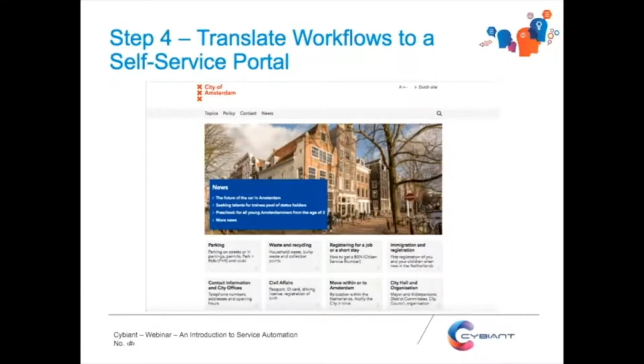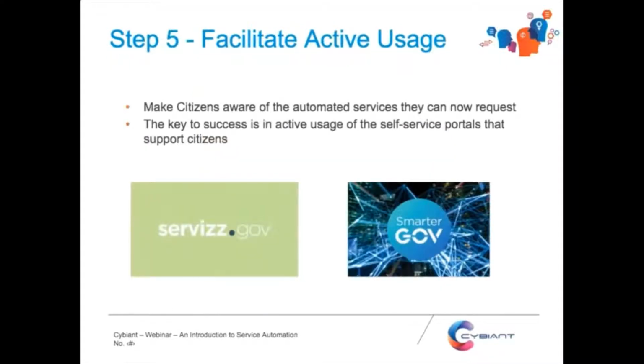After we have done that, the next step is also very, very important, and that is to make sure that people will actually use the self-service platform. And that can be done very easily, because one of the great benefits of delivering an automated service is that it's available 24/7.